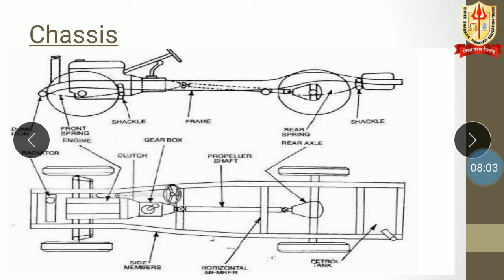In the side view we can see the side members and the cross members are here. So on this chassis two questions are very important. First one is the load coming on the chassis.